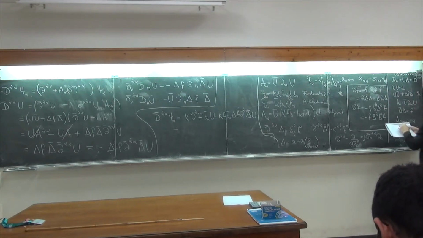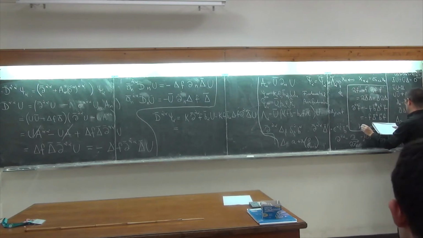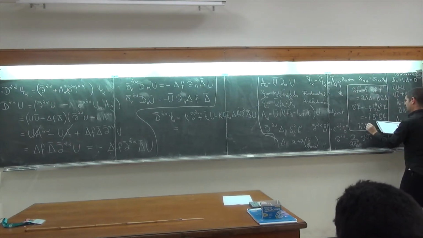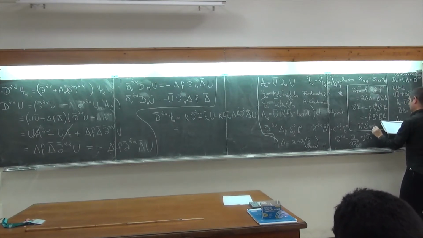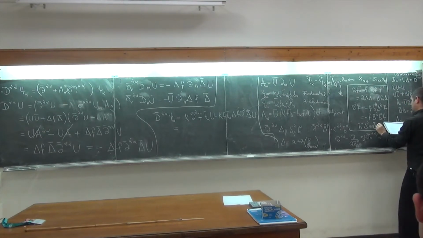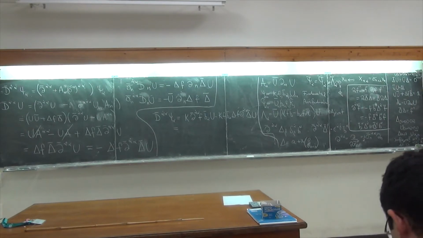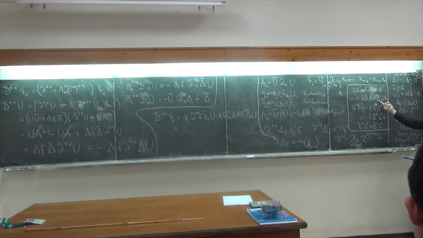where I use the fact that B alpha delta alpha dot is equal to delta bar. Essentially, these two terms give the same contribution because there is this commutation.